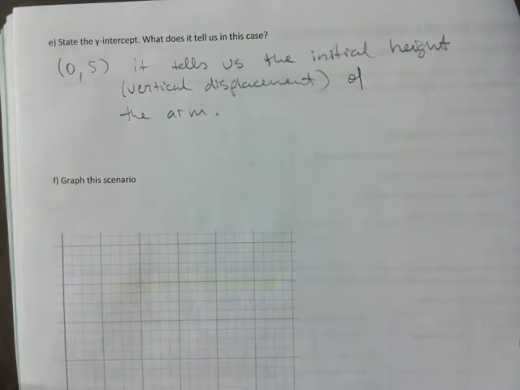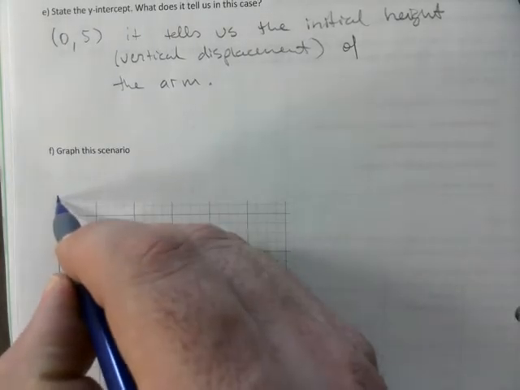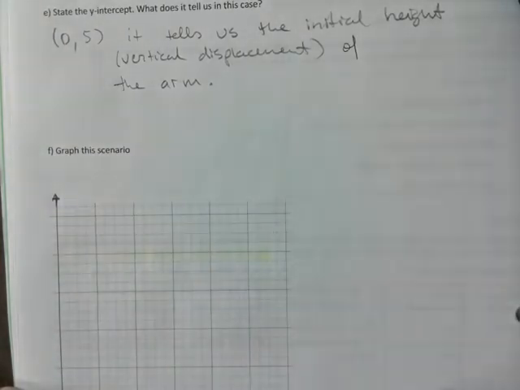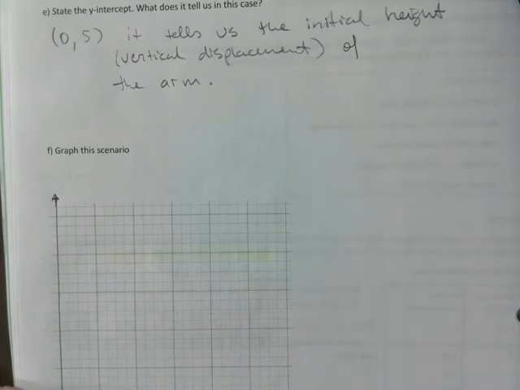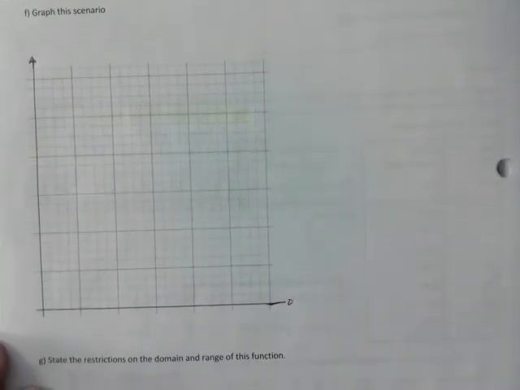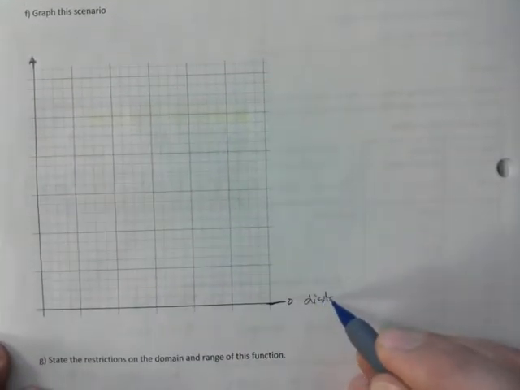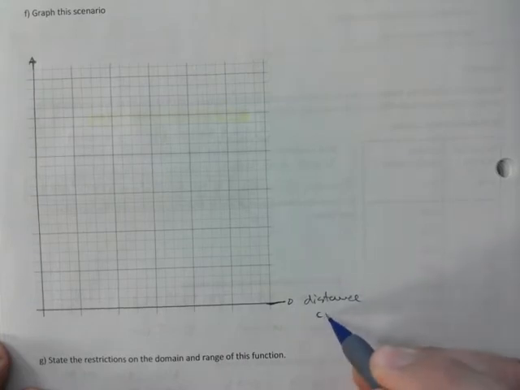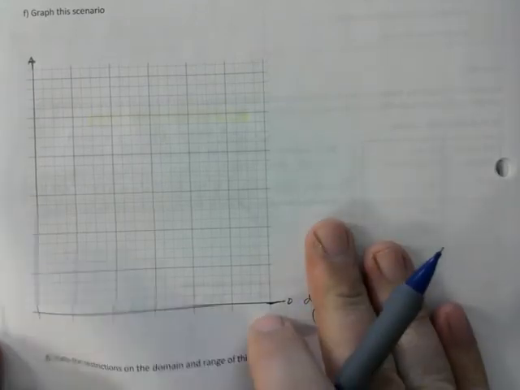Okay. Let's graph this scenario. Sometimes you can write more to it depending on the situation. In this case, I didn't have a whole lot to go by, right? So we got to go distance in centimeters, or is it called horizontal position, vertical displacement?